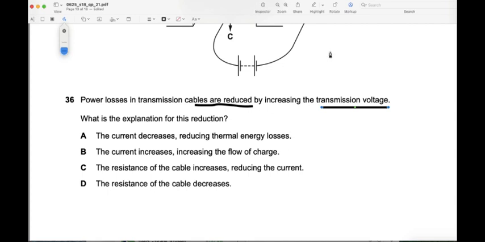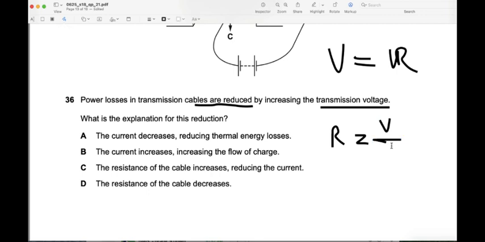Yes, when you step up the voltage, the current will decrease, because R is V over I. When you step up the voltage, the current will decrease.